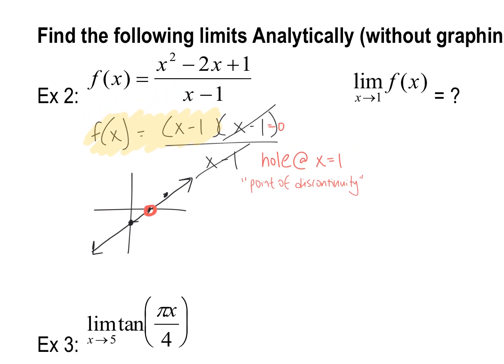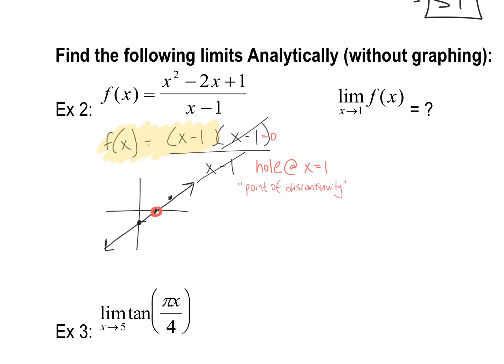So let's see if the graph now is actually able to help me figure out the limit as x approaches 1. So left hand, right hand. What are both of those hands getting really close to? What's the y value there? 0. Okay, and so to be able to do this without graphing, remember here's what our function is after we simplified it.